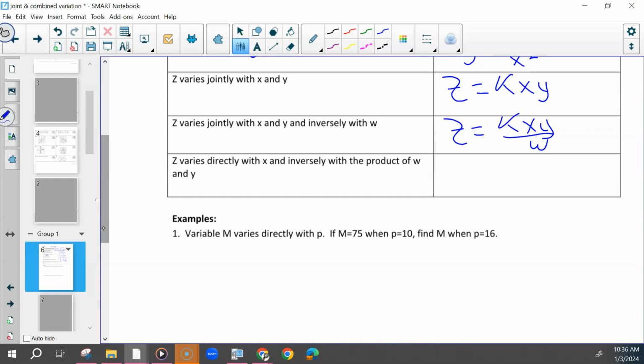Z varies directly with x and inversely with the product of w and y. Anyone want to take a guess as to how we would write that one? Z equals kx, that part's right, over, what did we say?